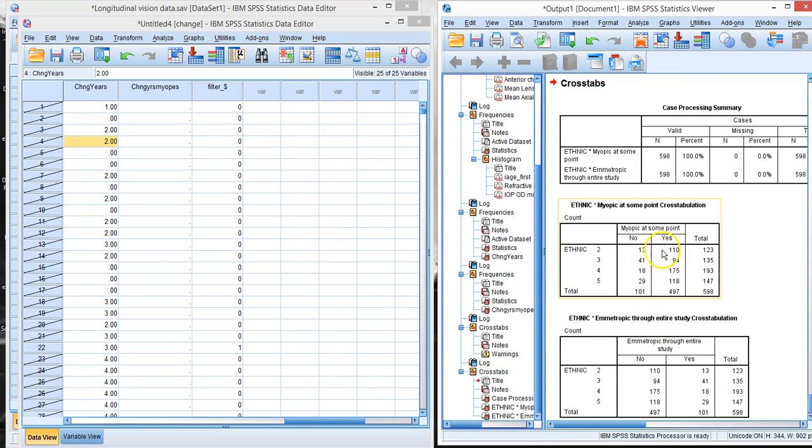Now I want you to notice this is the myopic table, this is the emmetropic table. And the myopic table with 13 and 110 is the mirror image of the emmetropic table, 110 and 13. We don't seem to have our ethnicities labeled, so we'll have to fix that up. And there we go.